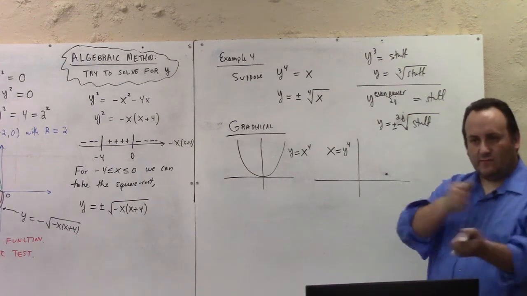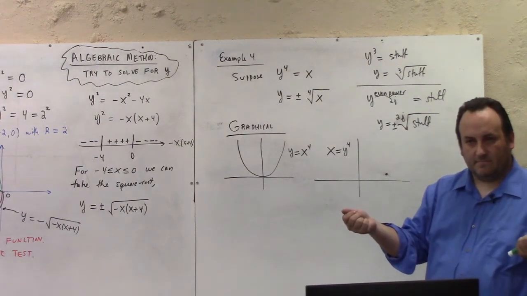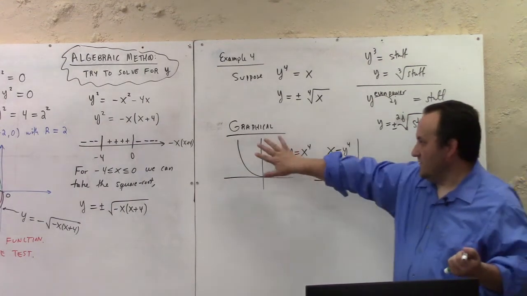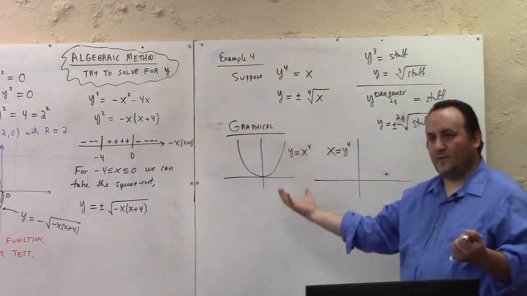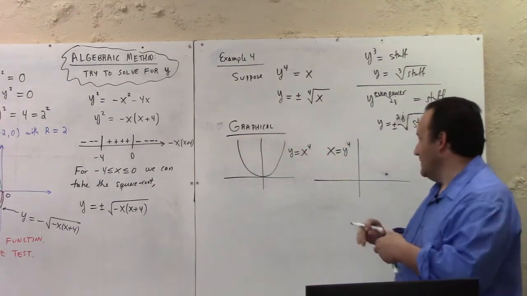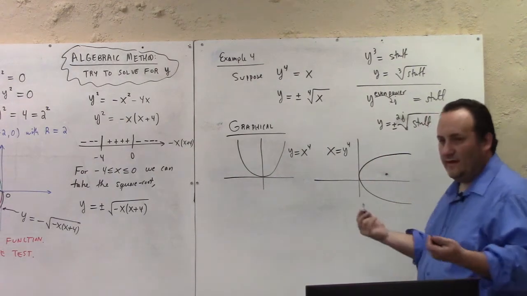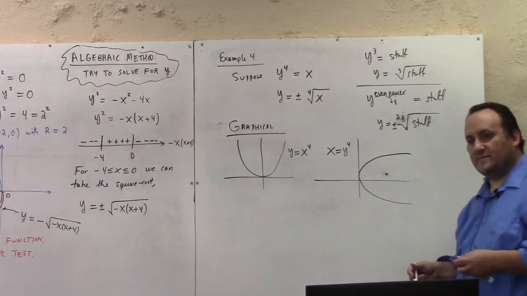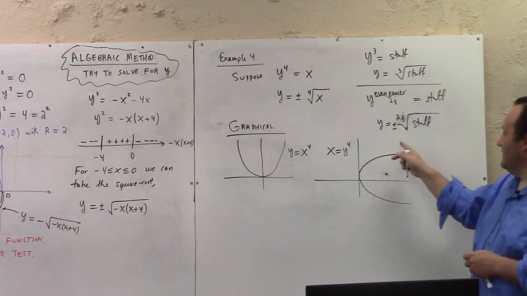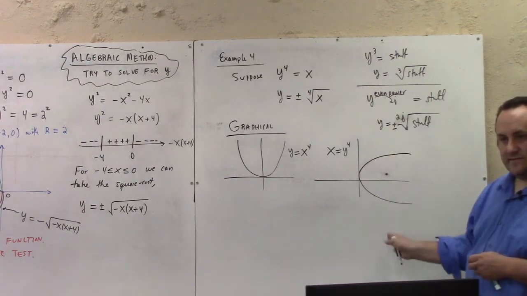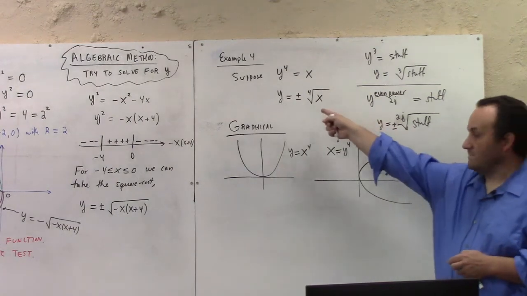You have to switch the roles of x and y. So you just take this graph and turn it on its side; instead of opening up, it opens right. So it's like this. And so, vertical line test, fail. As you can see, it fails by hitting it twice, just like we found with the algebra.